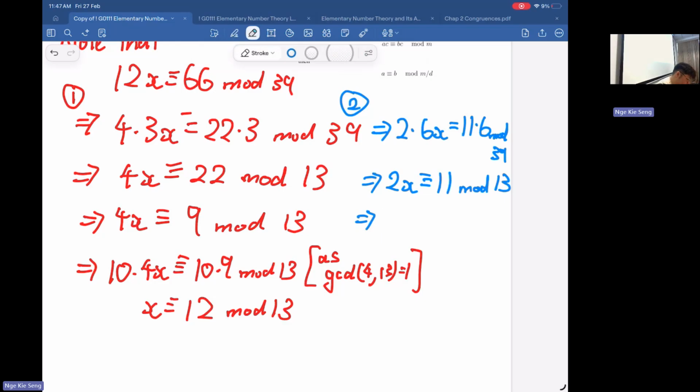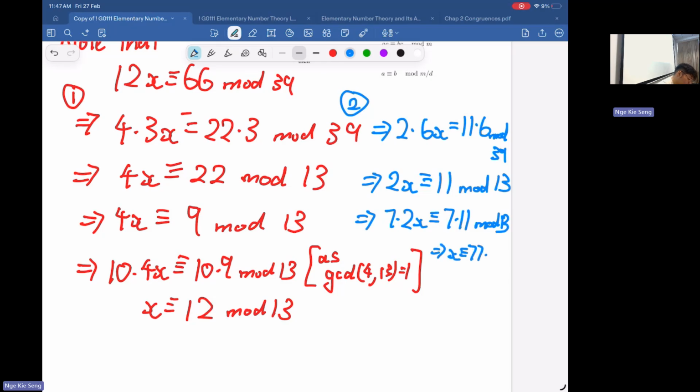If 20 works, then 7 will work. Okay, 7 will work. Then you get x equals 77 mod 13. So what is 77 mod 13? It's the same, 12. Okay, 12 mod 13.